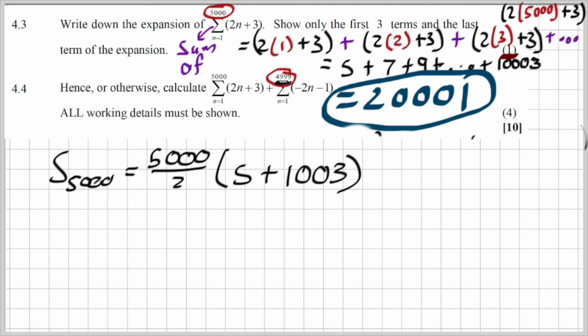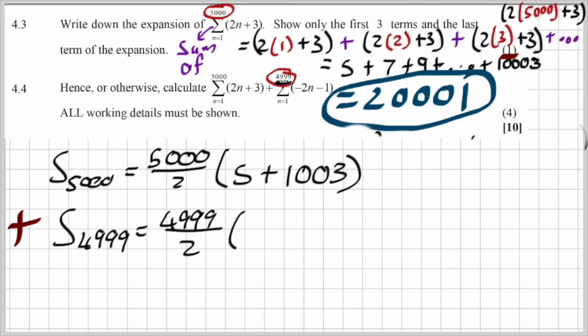If I look at the second one, remember now I need to add to that S of 4999, and this is 4999 over 2. The first term, if I wrote the first 3 out, let's just quickly do it here on the side, negative 2 times by 1 minus 2, minus 1 is negative 3, so that is my first term.